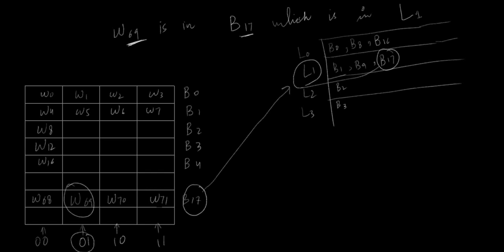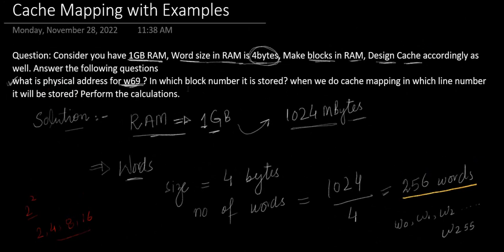Another thing I want to tell you: what if I give you a physical address? For example, I understand that my words are going to be 256. That's something I already understand. So what if I just give you an 8-bit address? For example, I'm randomly writing some 8-bit address like this: 1 2 3 4 5 6 7 8.